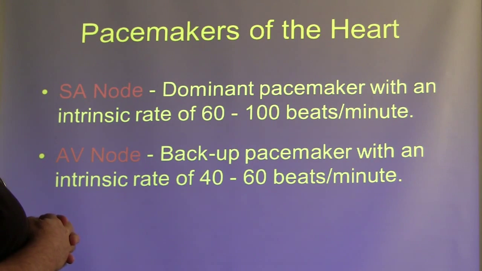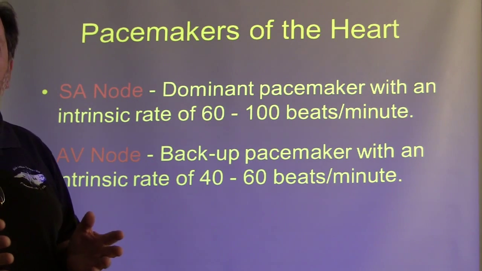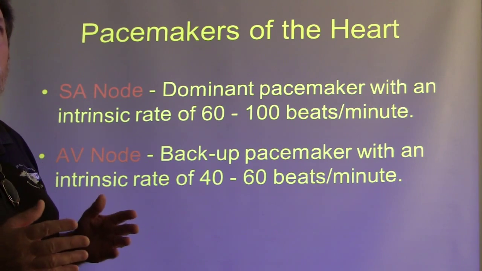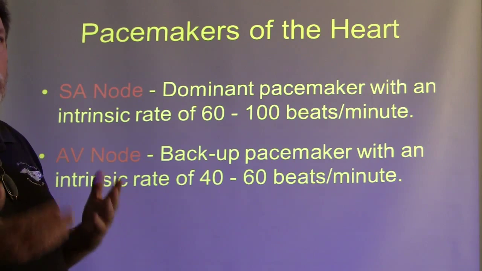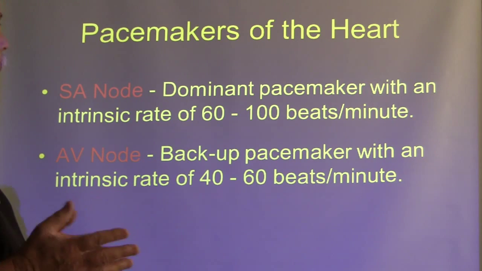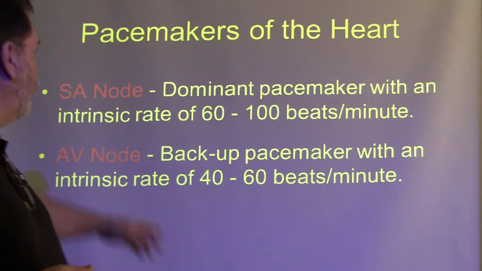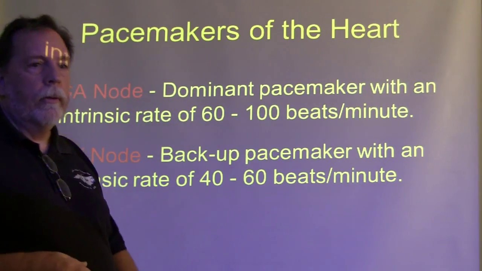So we have a backup for our pacemaker, which is good. It doesn't mean that a person can be real active or their heart's beating efficiently, but it'll keep them alive.